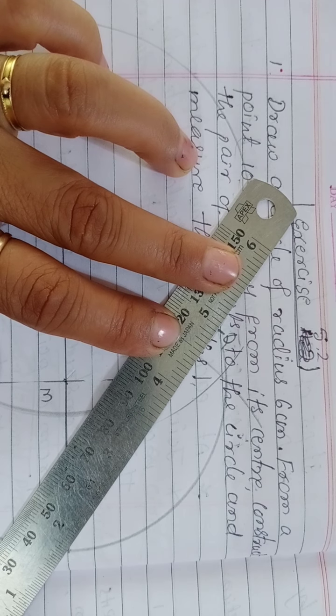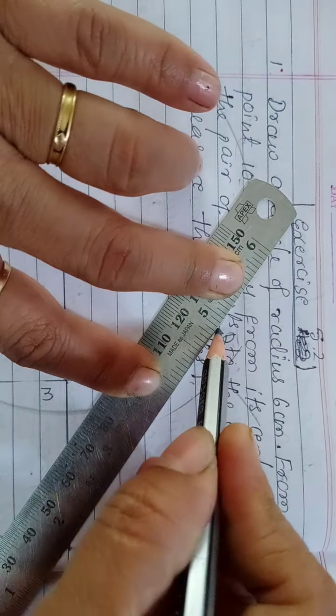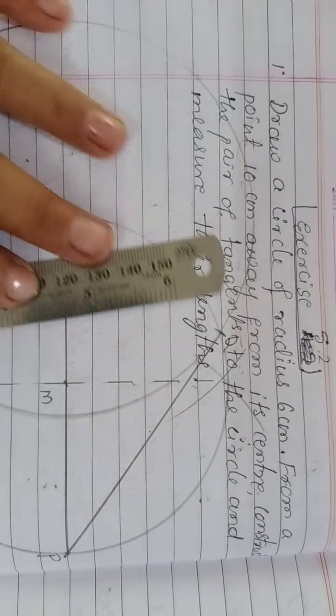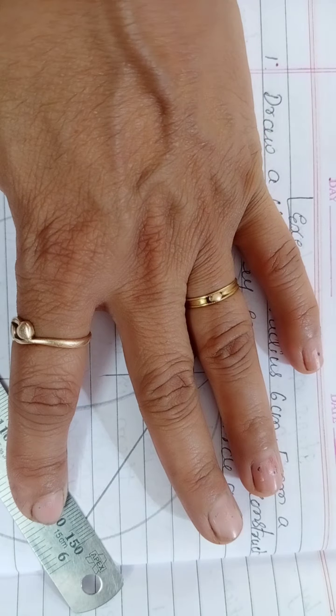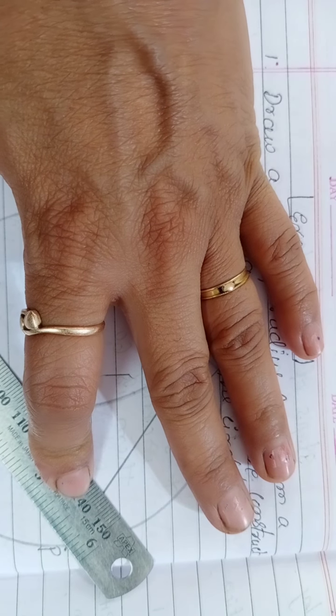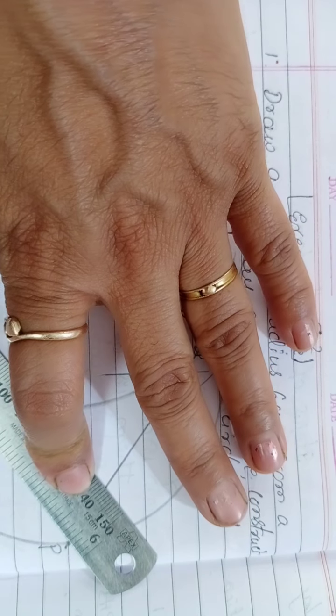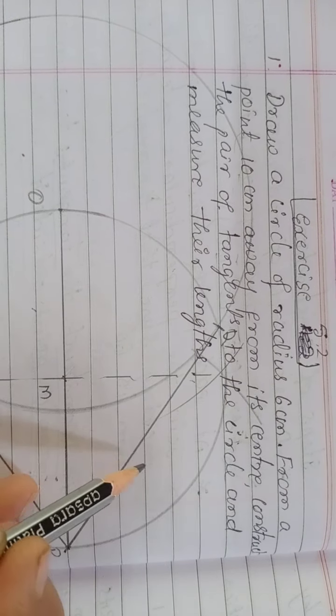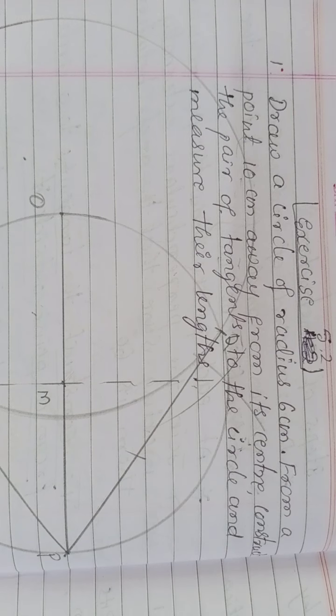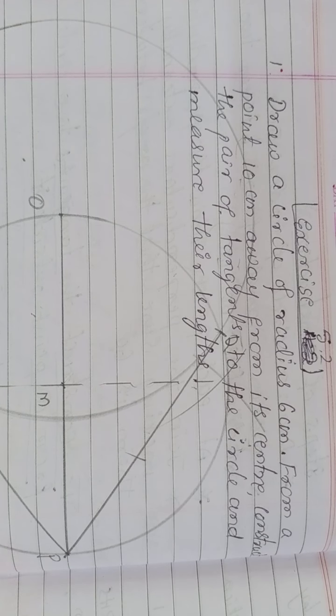What you have to do? You have to join PQ line as well as PR line. Now these are the required tangents. Measure the length they are saying.